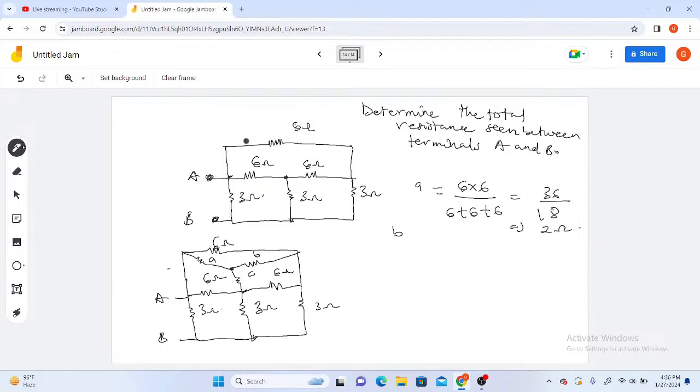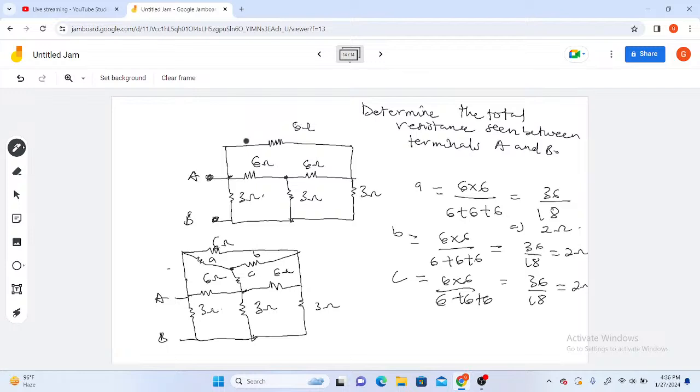My B, which is also between 6 and 6, is similarly 6 by 6 over 6 plus 6 plus 6, giving me 36 over 18, which is equal to 2 ohms. Finally, C equals 6 by 6 over 6 plus 6 plus 6, giving me 36 over 18, also 2 ohm.